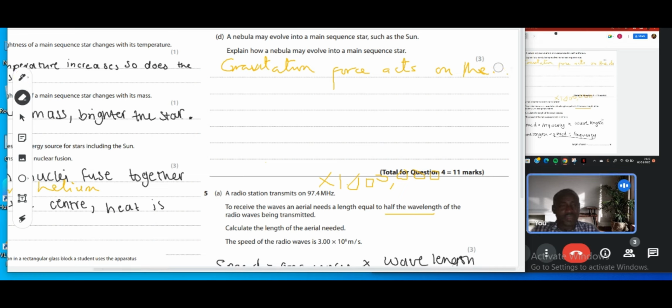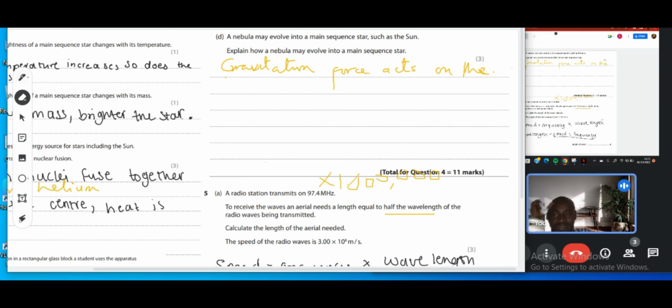So why does nuclear fission begin to occur? Gravitational force acts on the dust particles. Yes. Sorry. Let me make a slight adjustment so I can write neater.